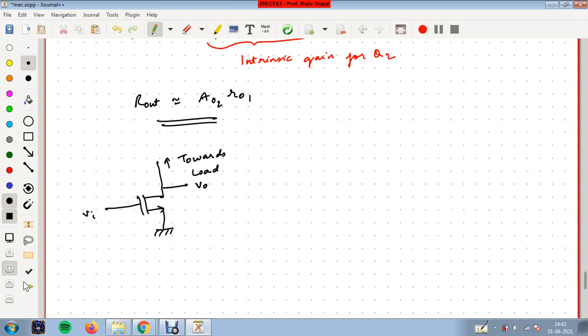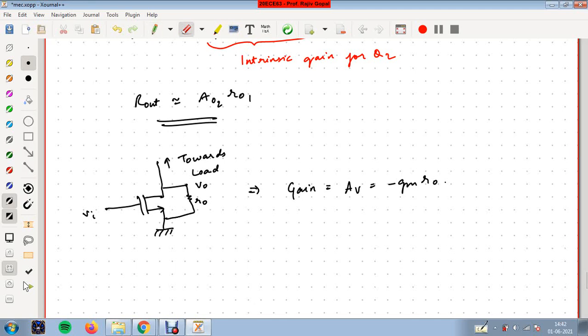I can write gain AV as minus GM into R naught, because R naught is the impedance seen in this direction between drain and source.